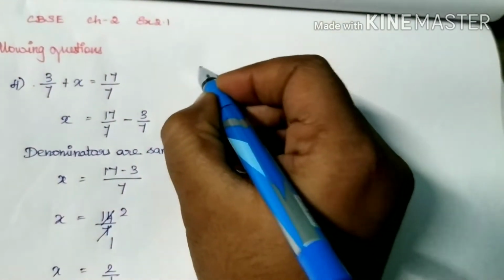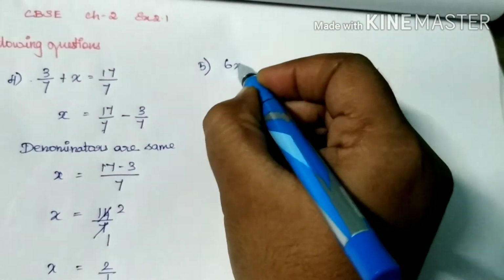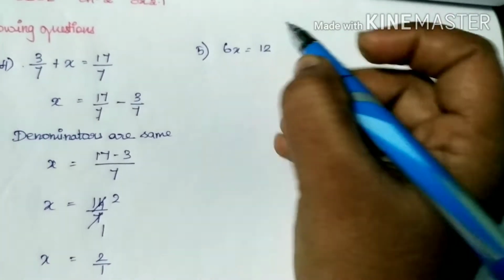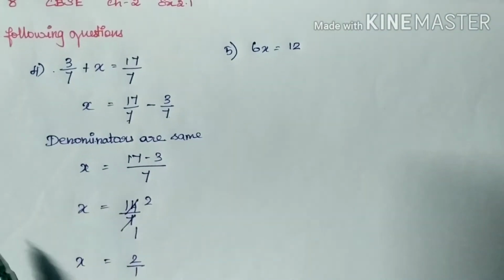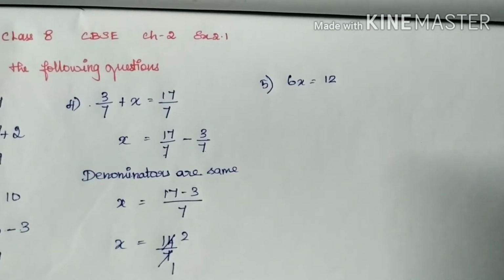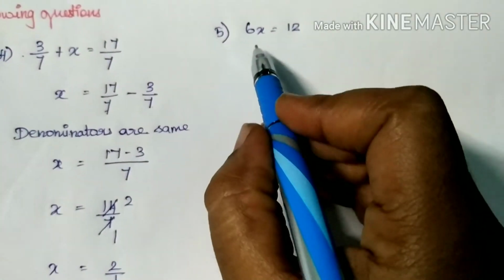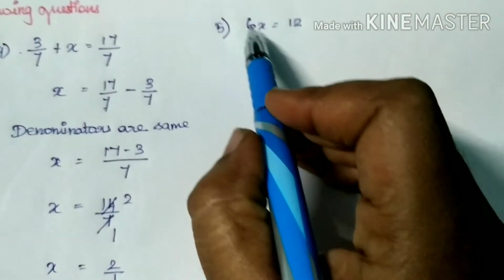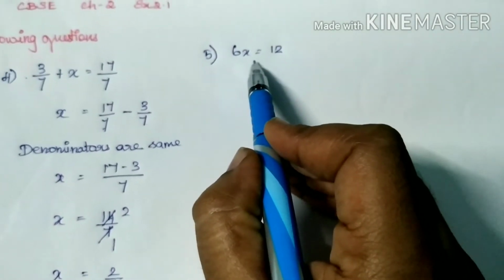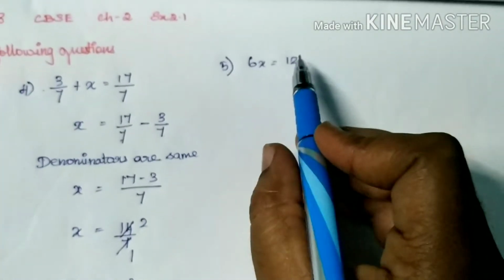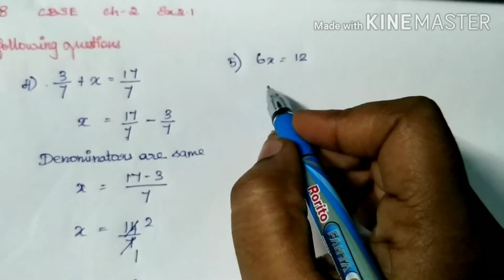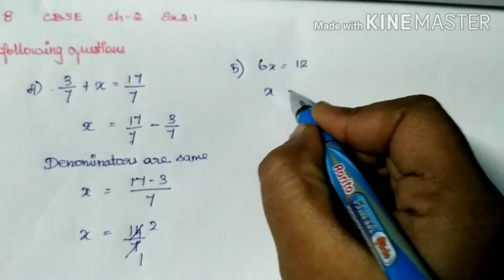So next, your fifth question is 6x is equal to 12. Before this, all the sums were based on addition and subtraction; here it is multiplication. So 6 multiplied by x is equal to 12. You have to find the value of x. So x is equal to 12.